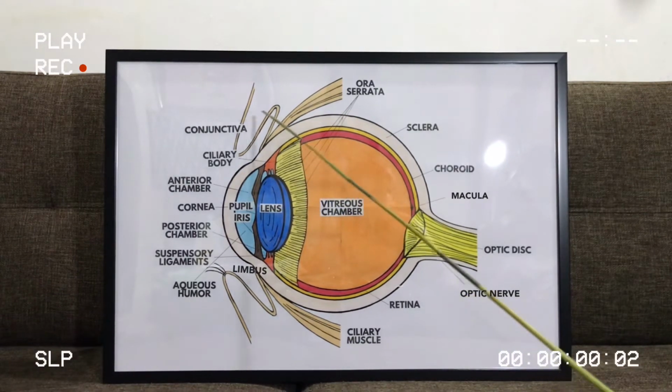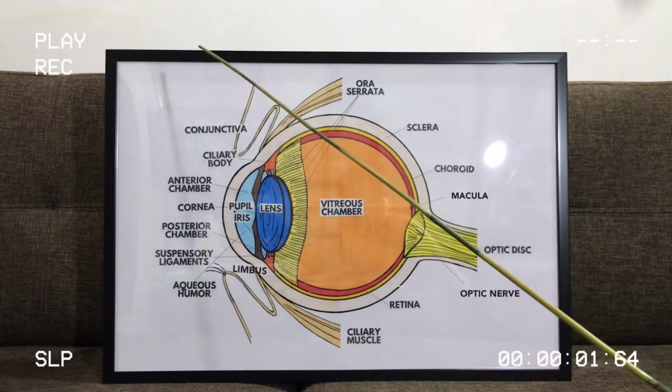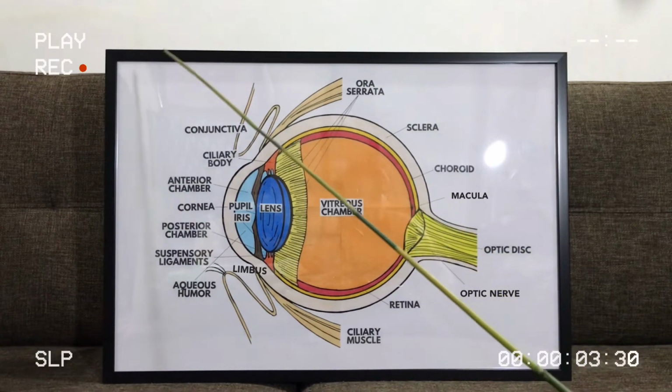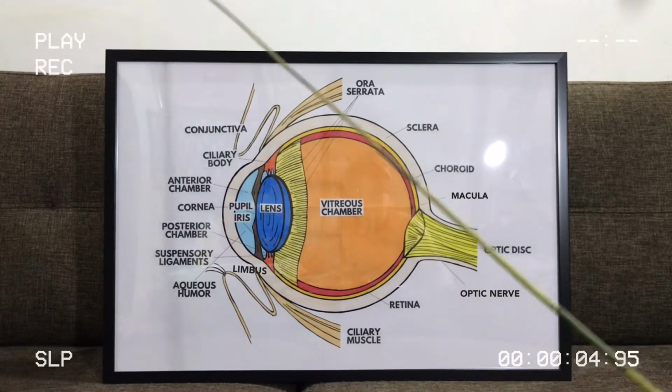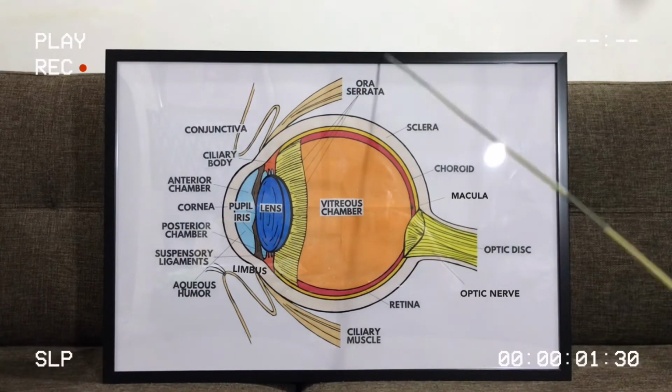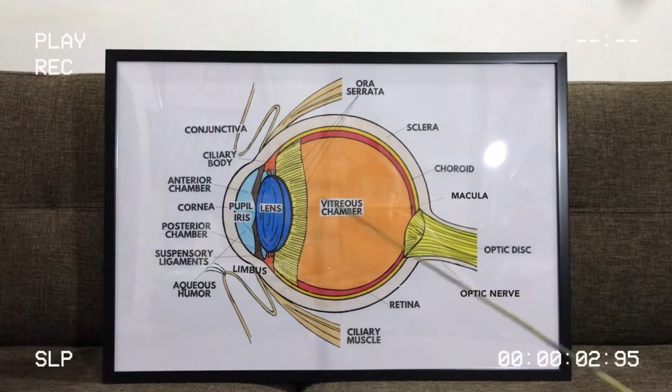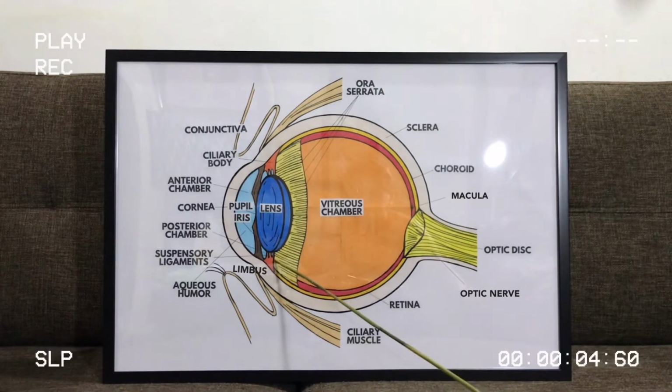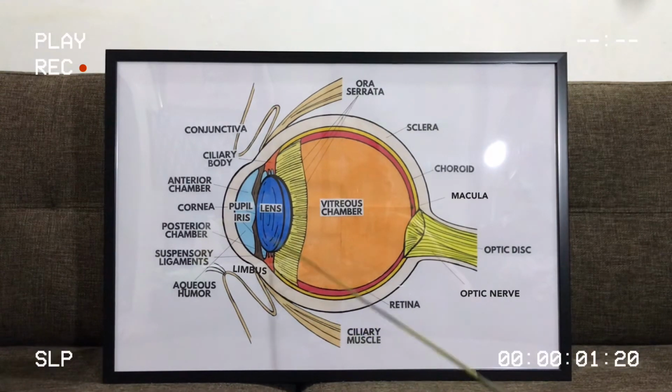The ciliary body is attached to the outer edge of the iris near the wall of the eye. The ciliary body produces the aqueous humor that fills the eye and nourishes its structures. It also has the ciliary muscle, which helps to change the shape of the lens when accommodation occurs.